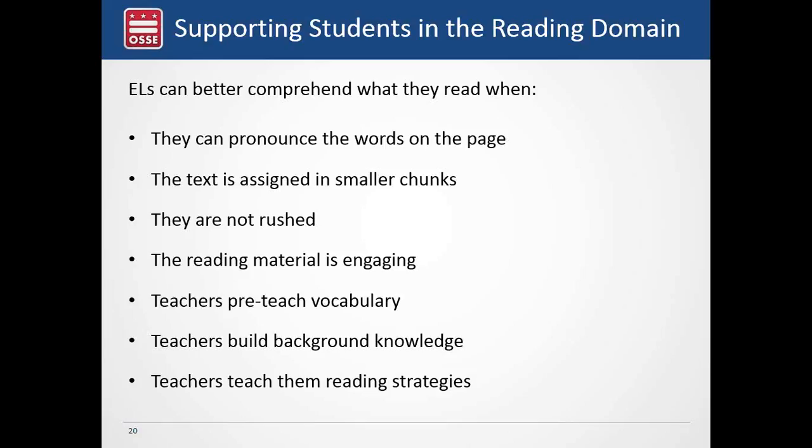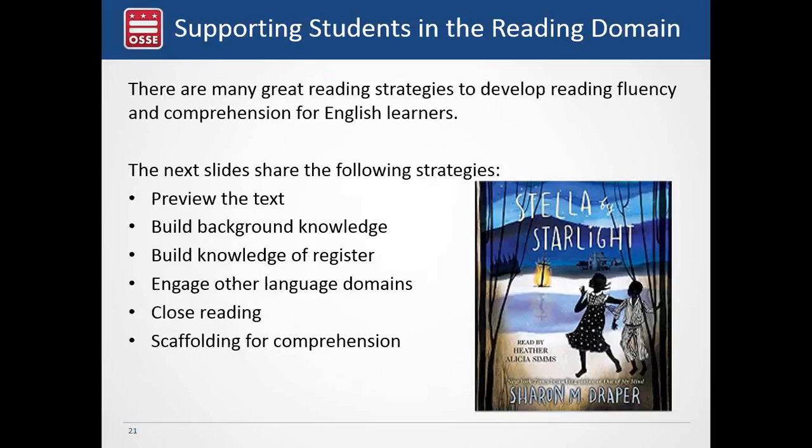Pre-teaching vocabulary, in addition to helping with pronunciation, helps to build background knowledge, and then building background knowledge of the content is also important for engagement. And teaching reading strategies is important for the same reason it's important for students who are not English learners. So there are a lot of great strategies to help develop reading skills, both for fluency and comprehension for English learners.